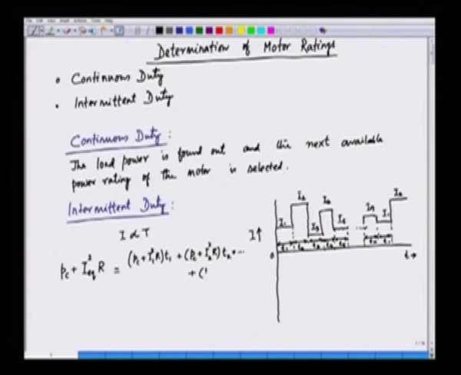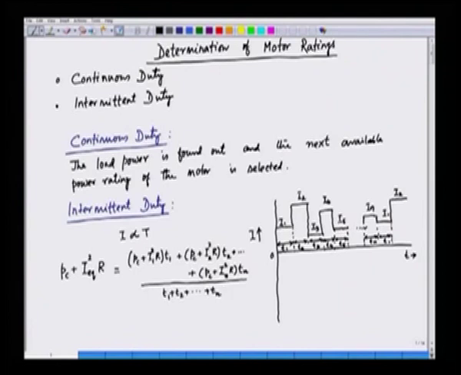For the nth interval, we have the same core loss and the copper loss, that is In square R into Tn. Now this has to be divided by the effective time, and the time is T1 plus T2 up to Tn.